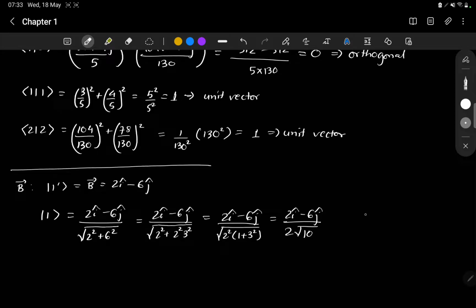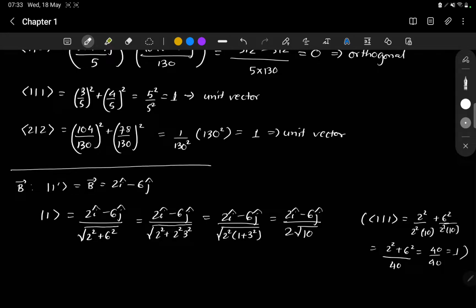Just to check, we can see that indeed this is equal to 1, so it has unit magnitude.